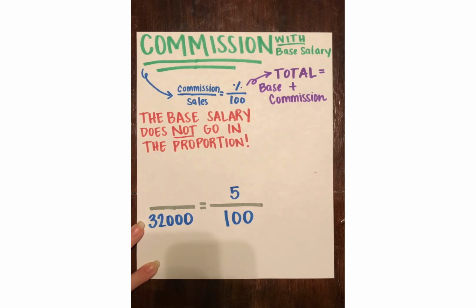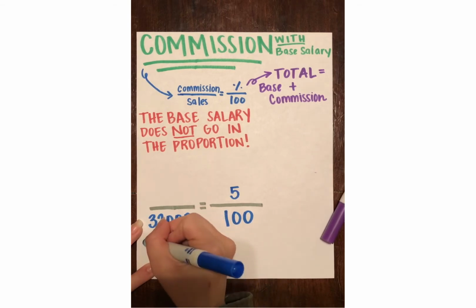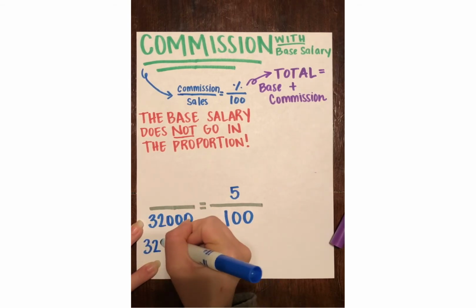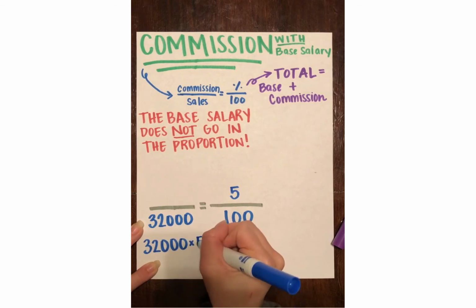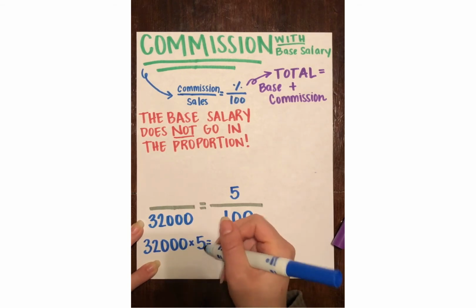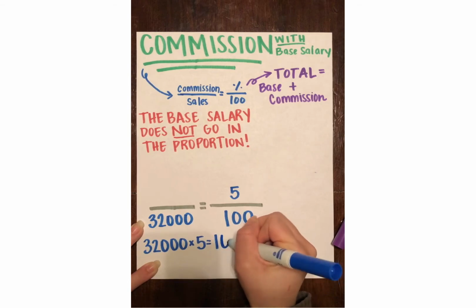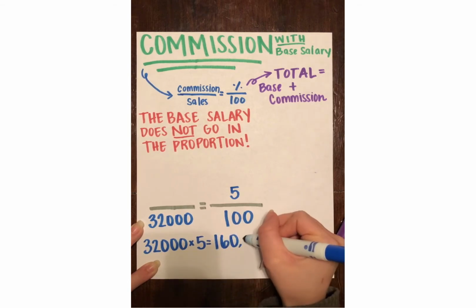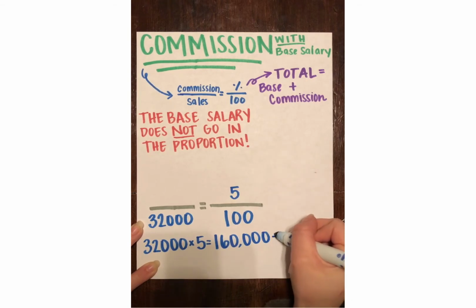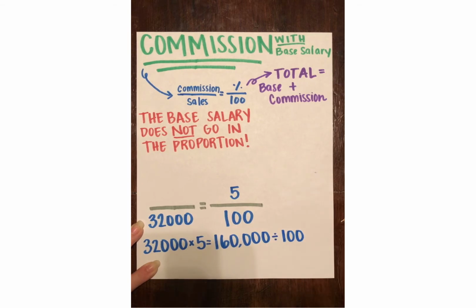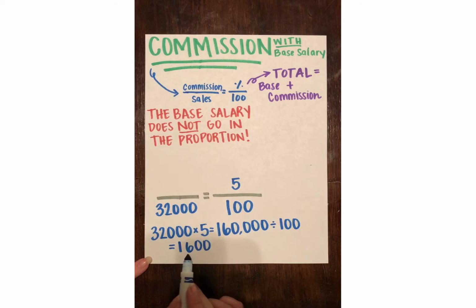is cross multiply, and we get $32,000 times 5 is going to equal, oh my gosh, 160,000, and then we divide that by 100, which means his total commission is $1,600.